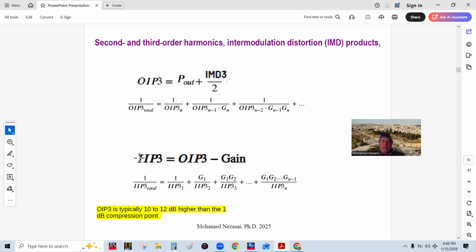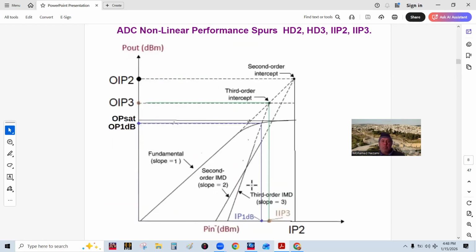And the cascade of the overall combination of a chain of receiver components is computed by this here. I put a note in here that the output third order intercept point is usually 10 to 12 dB higher than the 1 dB compression point. So what that means is that this point is usually above this point by 10 dB. So it's 10 dB in here.